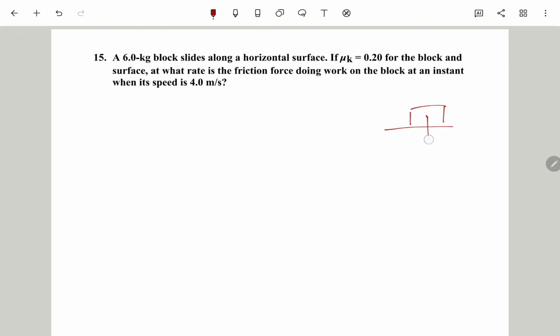and we have mg, and we have normal. In this case, the frictional force, it's actually equal to mu k times n, and n in this case is the normal force. And remember, on this one here, sum of all forces on y equal to 0, so mg minus normal equal to 0, so mg equal to normal. So the normal for this case, it's equal to mg.